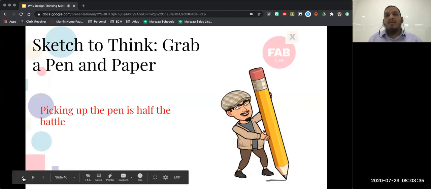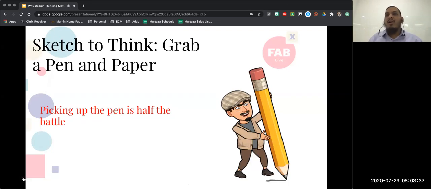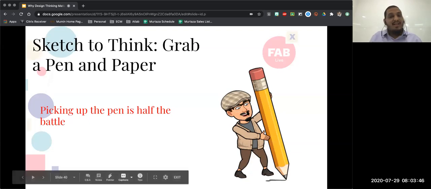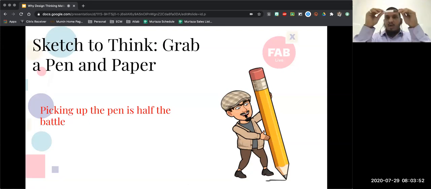Now, a lot of us have an inhibition saying that I'm not a good artist or a designer. It does not matter whether you are an artist or a designer. What we're going to do is simple doodling, sketchnoting, okay, which will just make your ideas come to life. So if you have picked up a pen, you have won the battle with yourself. Okay.